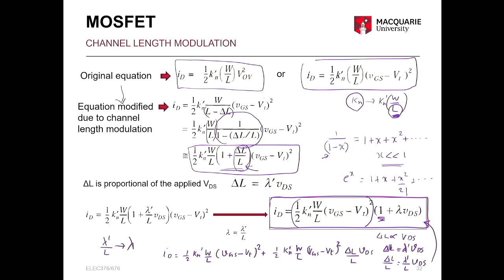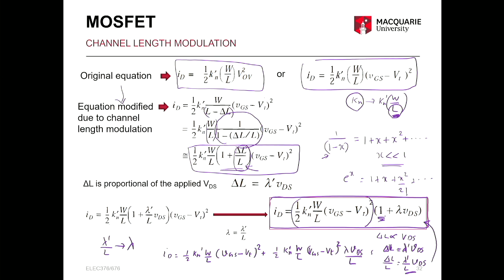In the formula, you write 1 over 2 Kn W over L, and this should be lambda VDS over L. Yes, sorry. Right. Thanks.